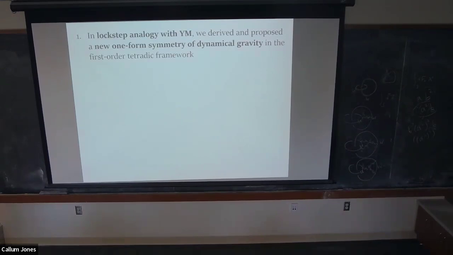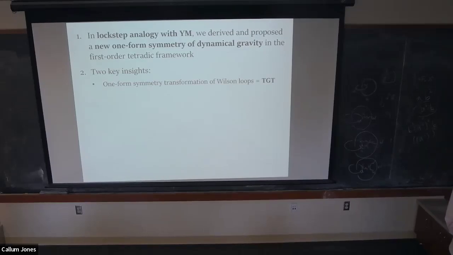So to summarize, in this talk we derived a new one-form symmetry in dynamical gravity by working in lockstep analogy with Yang-Mills theory. That was possible by observing two key insights. First, the one-form symmetry transformation is given by a twisted form of gauge transformation.